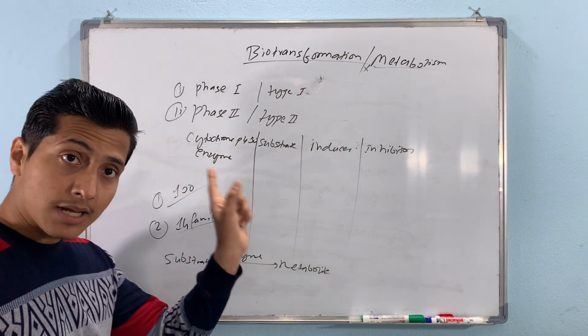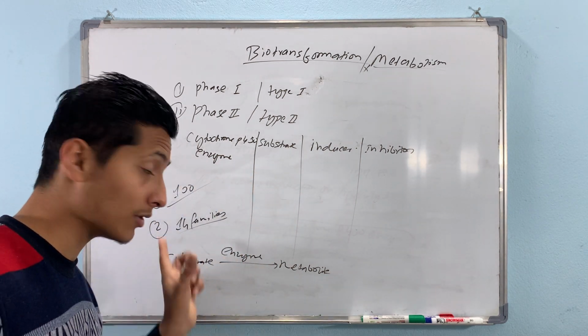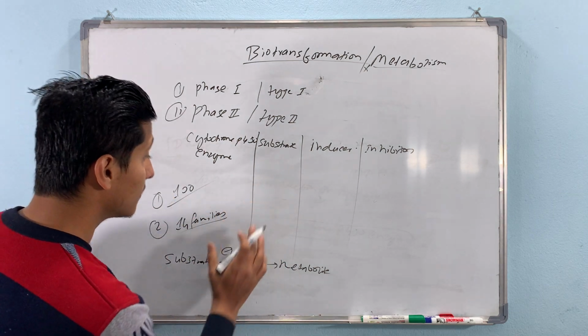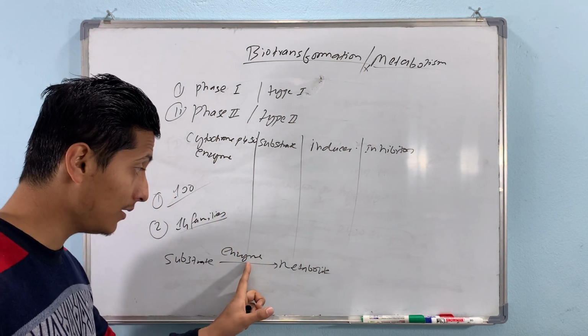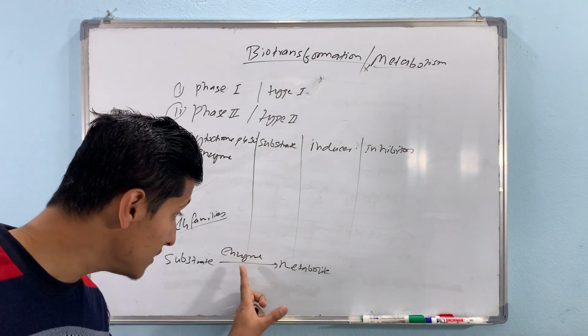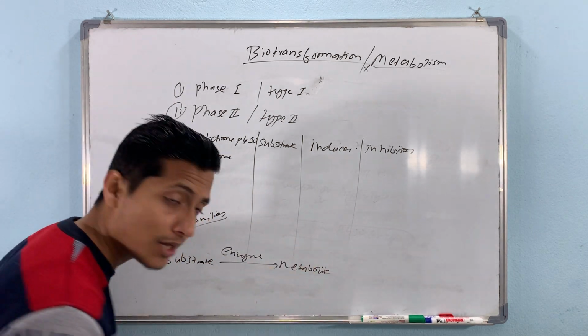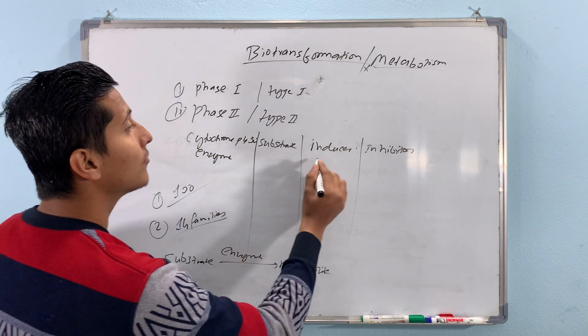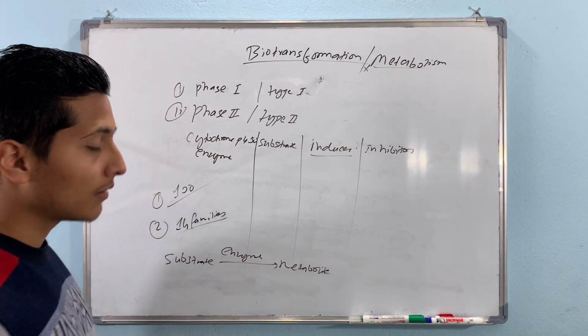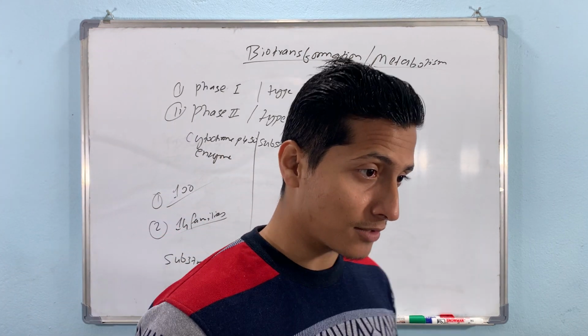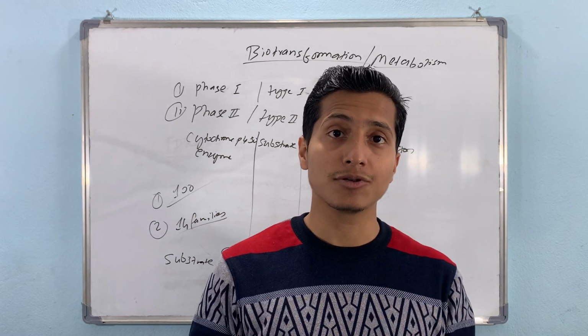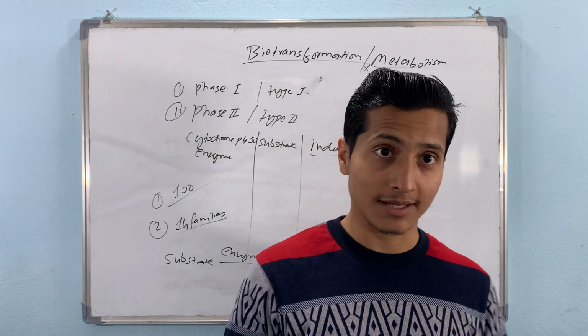So you're now clear with the concept of substrate and what substrate means. The substrate is acted on by the enzymes, and when the enzyme and the substrate react together, that converts into metabolite. Now, what is an inducer? Before getting into the concept of inducer, first you have to know what normally happens in a cell.